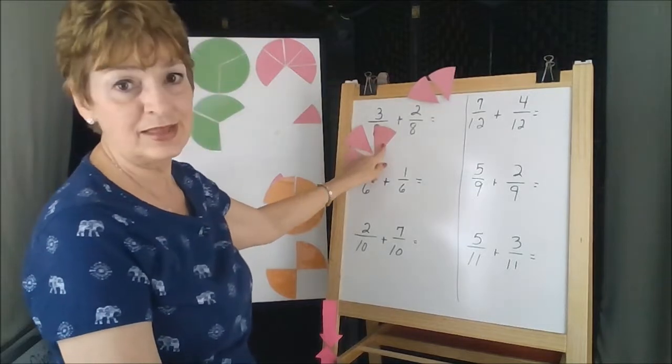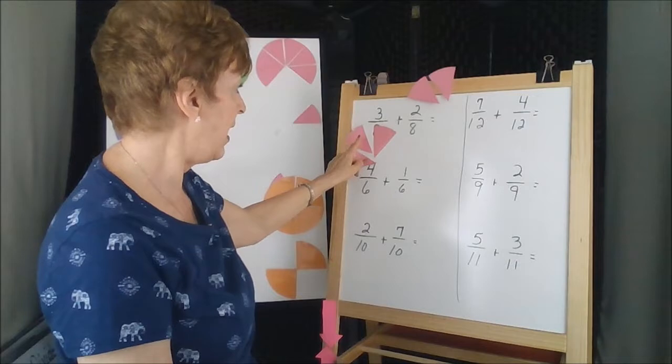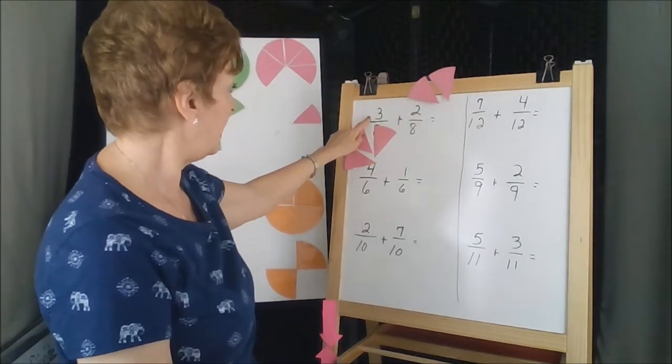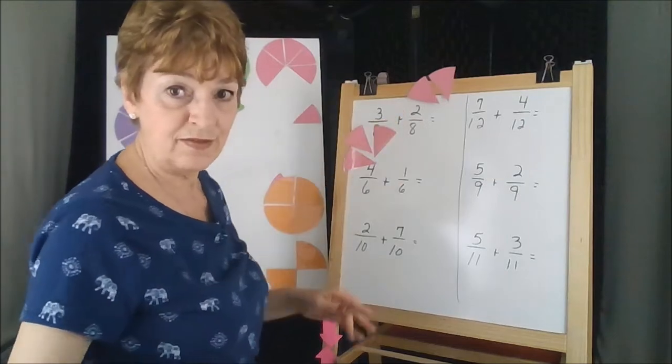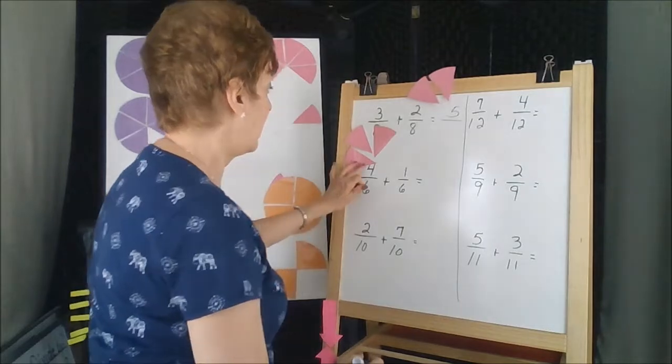Because the pieces are the same size, we can just add up the number of pieces that we have. 1, 2, 3, 4, 5. 3 plus 2 is 5. And the size of the piece is eighths.